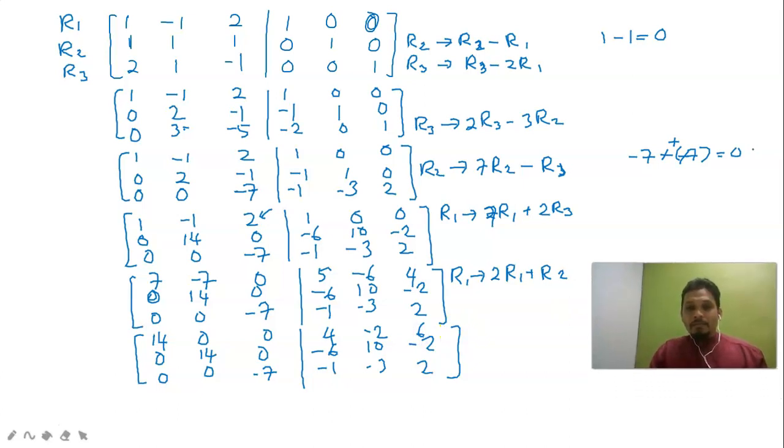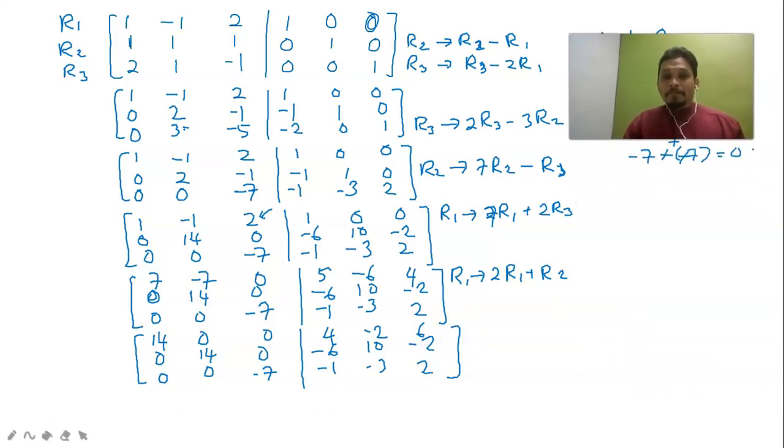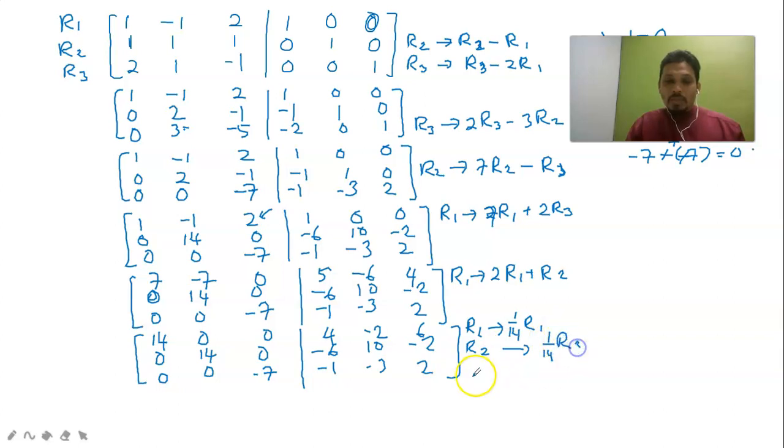Okay, so now we got 14, 14, and negative 7. We want to turn it into 1 here. They are already 0, 0, 0, 0, 0, 0. So the new R1 is 1 over 14 R1, the new R2 also equals 1 over 14 R2, and the new R3 is negative 1 over 7 R3.